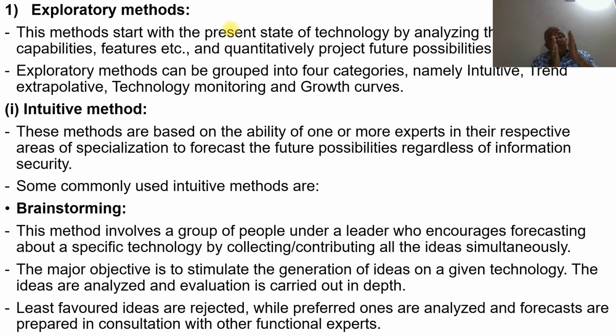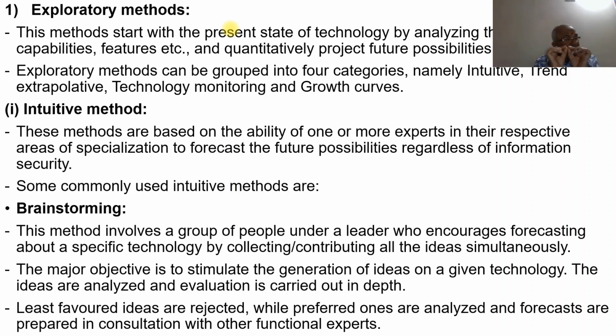So when you have the list of ideas, some are preferred, but not all will be preferred, because some ideas may not be relevant to that particular requirement. In such cases, they eliminate or reject those.